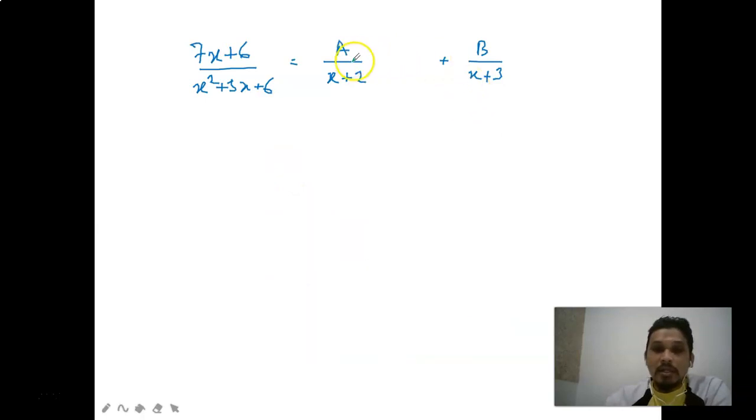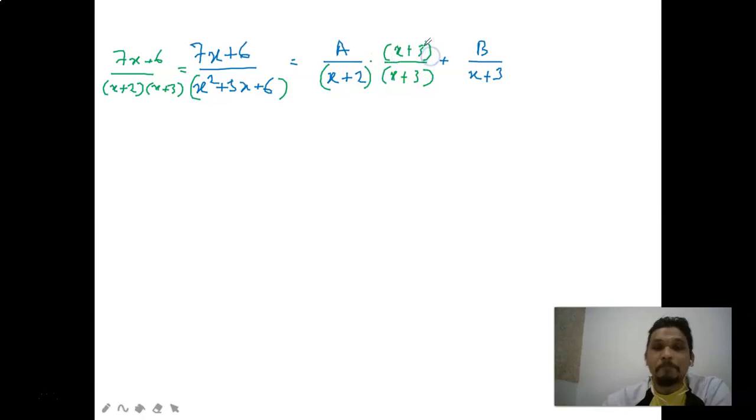Now let's compare the denominator of this, which is 7x plus 6 divided by x plus 2 and x plus 3. So x plus 2 will be multiplied with x plus 3 here, and also x plus 3.